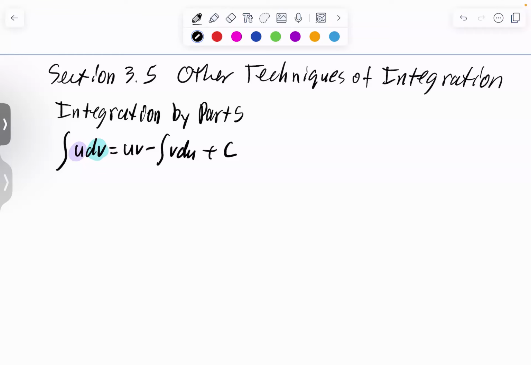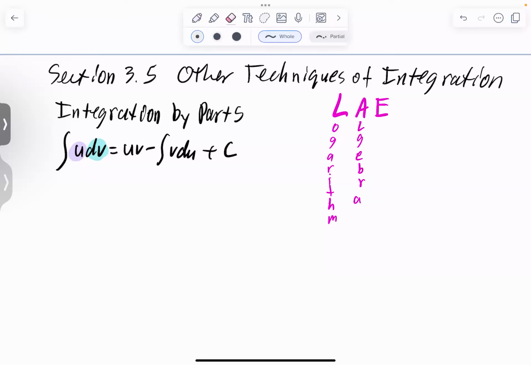The main thing we're going to be looking for, and let's make this a bold color, is going to be L, then A, then E. And that is going to stand for logarithms, algebra, and exponents. Meaning, we're going to look, are there any logarithms as a part of it? That's going to be our u.